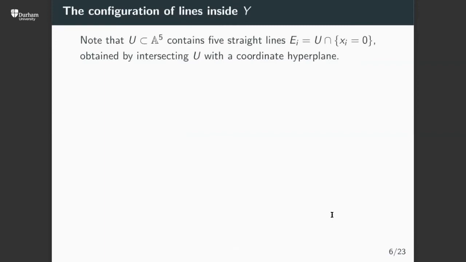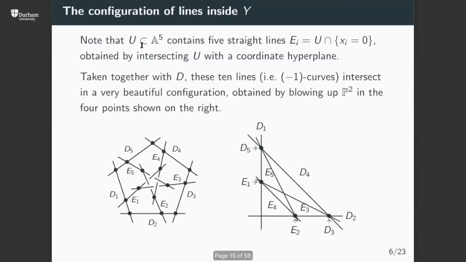As is well known, a del Pezzo surface of degree 5 contains exactly 10 lines when it's anticanonically embedded. 5 of the lines form this pentagon at infinity, and there are 5 more lines which lie in the interior of the del Pezzo surface, so they live inside this locus U. There's a very pretty and beautiful configuration of lines here.